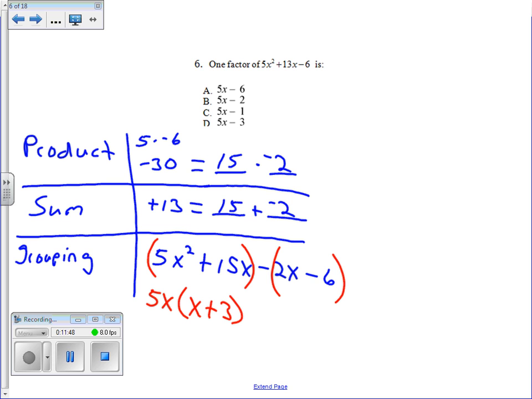And then the second set, I'm going to factor out a negative 2, and I'm going to get x plus 3 again. And I notice that they now have a common factor of x plus 3, which will become 5x minus 2 times x plus 3. So one of the factors will be 5x minus 2.